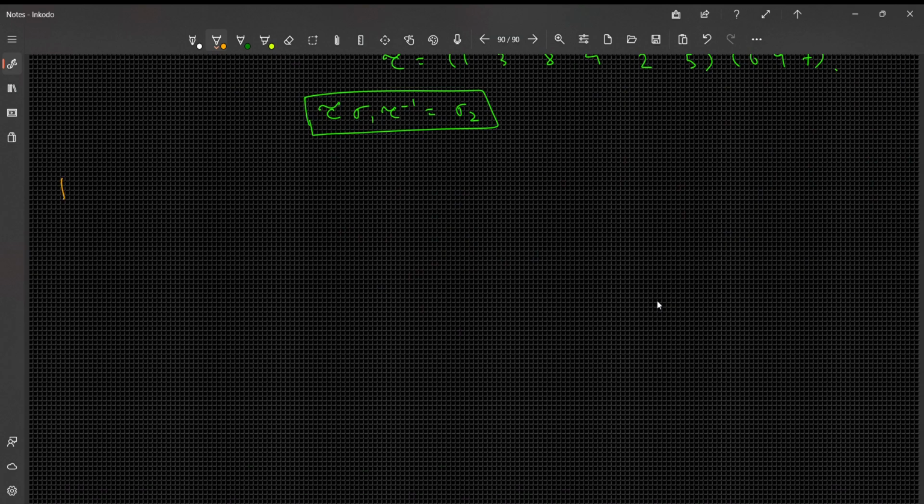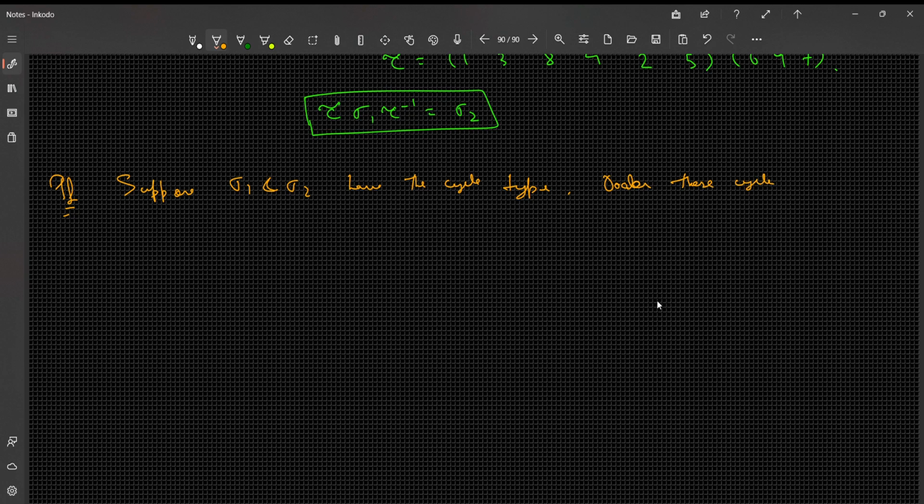The proof is like this: suppose sigma 1 and sigma 2 have the same cycle type. Now we order these cycles in non-decreasing length, including the 1 cycles, which is pretty trivial from the definition of cycle types, right?